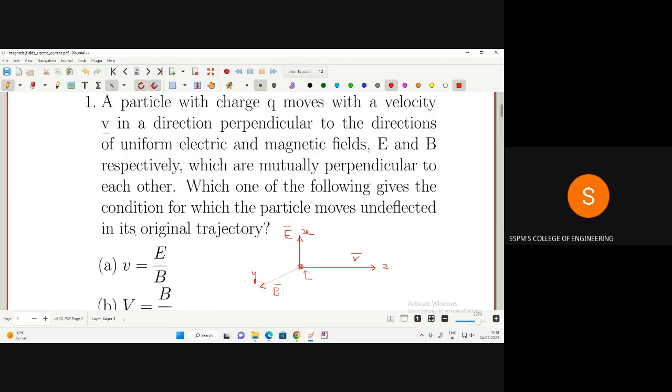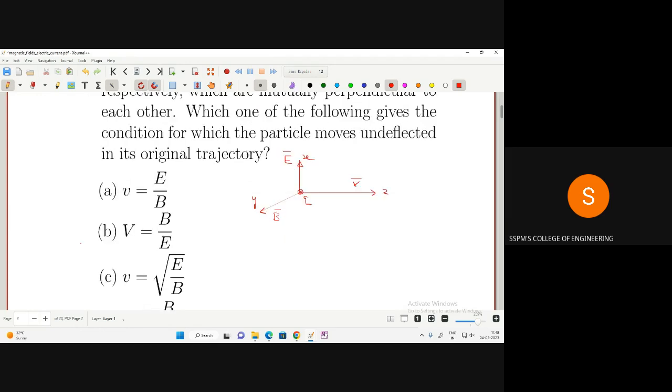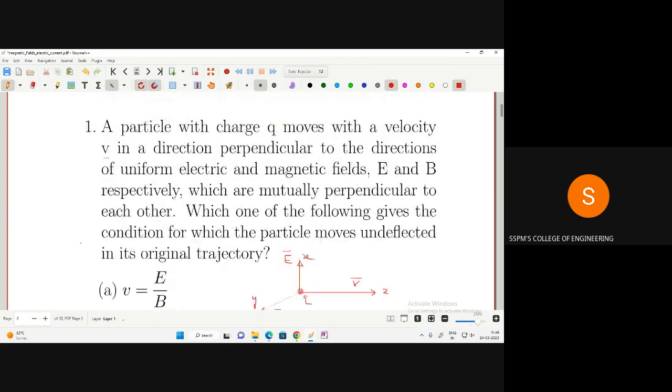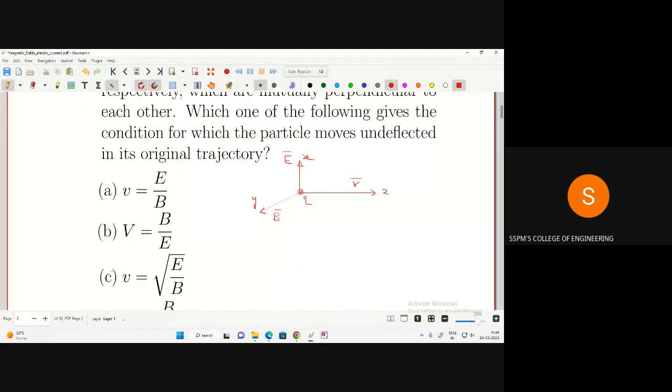Then we have to find the relation for the velocity in terms of magnetic field and electric field, so that the charged particle moves undeflected in its original trajectory. That is the question. Now, as we know, the charge is placed in the medium of the electric field and magnetic field. There are two kinds of forces exerted on the charge. The first is the electric force.